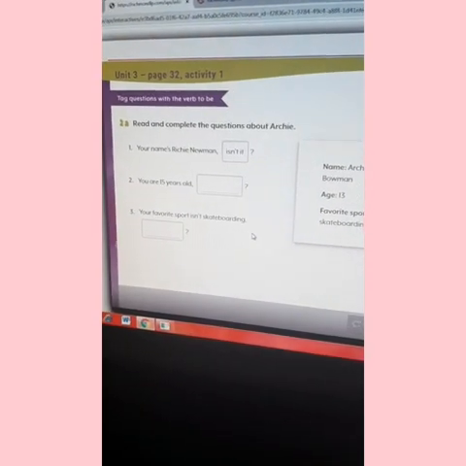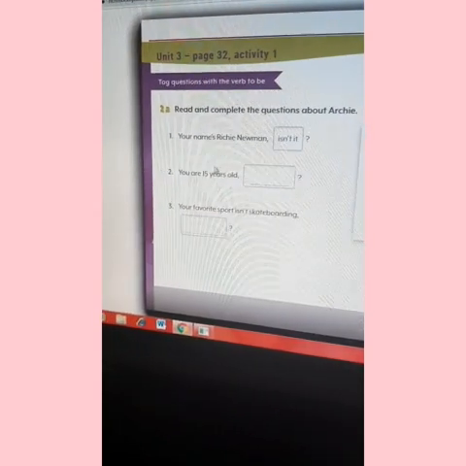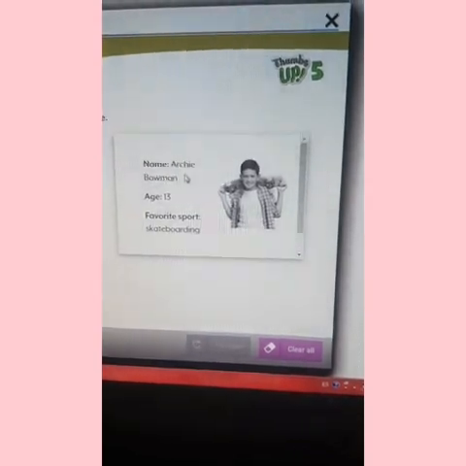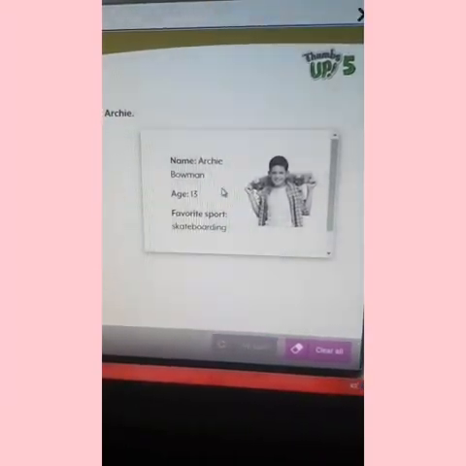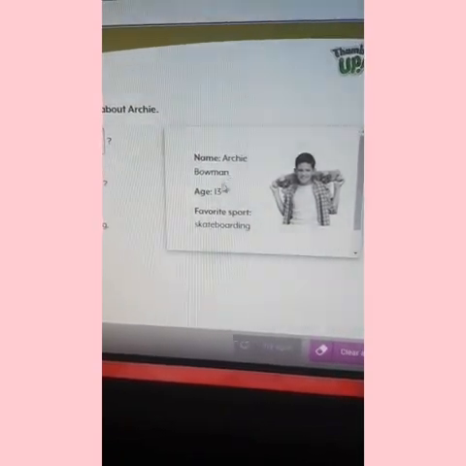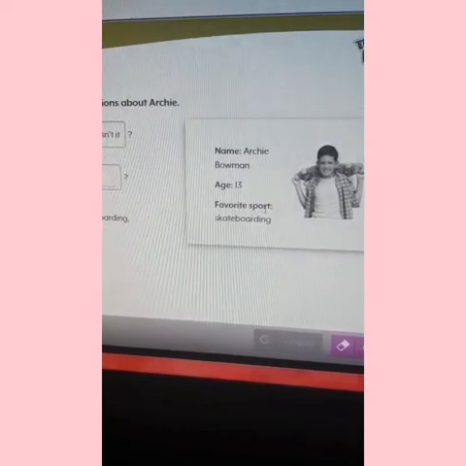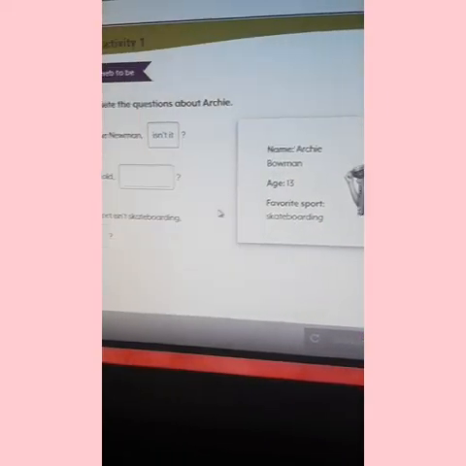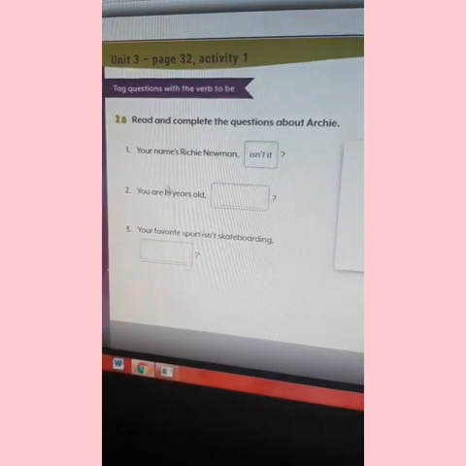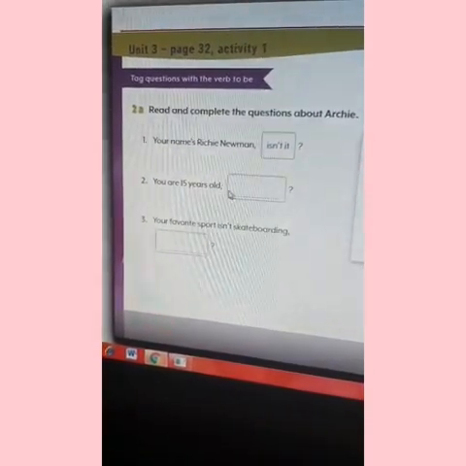Okay, here we have activity number 2. In order to complete these exercises, it is important that you read this information about Archie Baldwin. Name Archie Baldwin. Age 13 years old. Favorite sport? Skateboarding. Okay, take into account this information to complete these equations. Number 2, you are 15 years old.